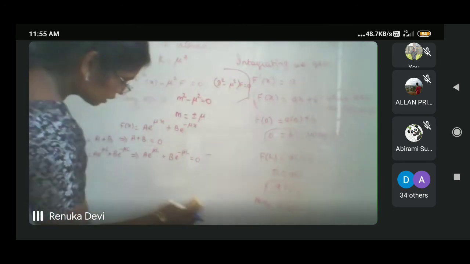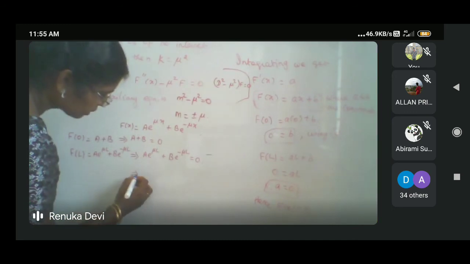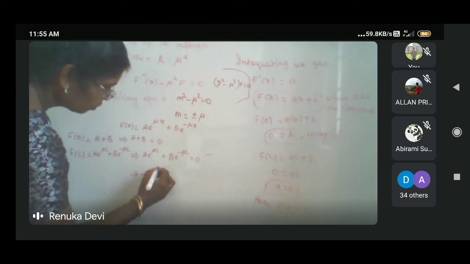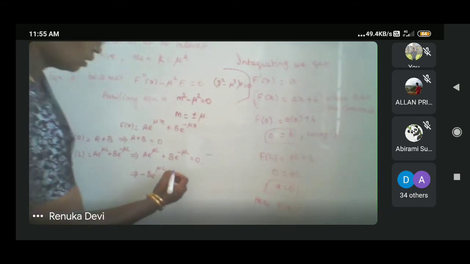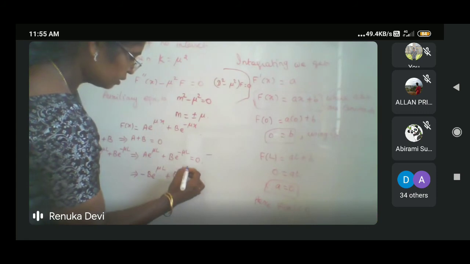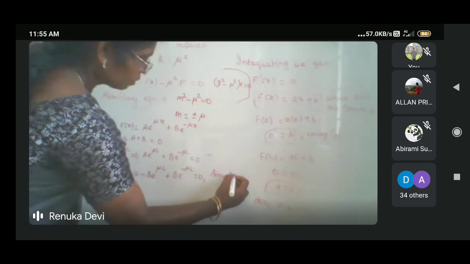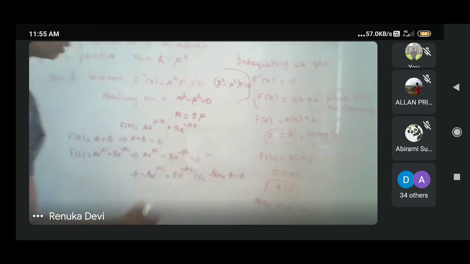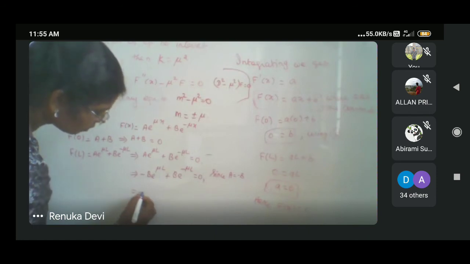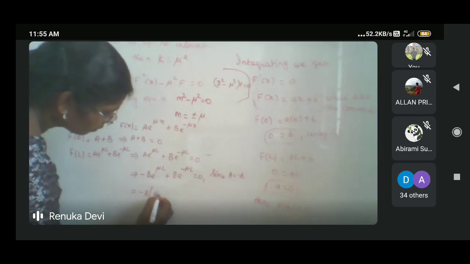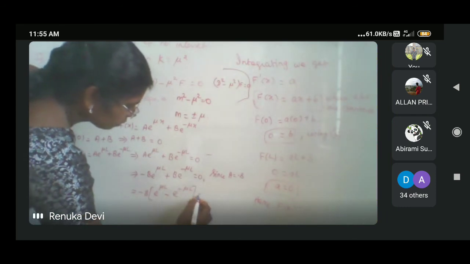Or you just substitute a equal to minus b here. This implies minus b e raised to mu L plus b e raised to minus mu L equal to 0, since a equal to minus b. I take minus b outside: e power mu L minus e power minus mu L equal to 0.